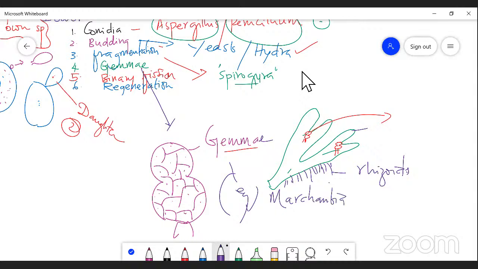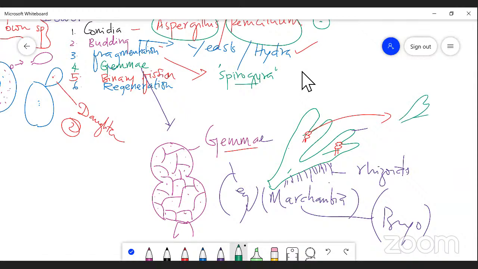Actually, Marchantia is a bryophytic member. What is Marchantia? Marchantia is a bryophytic member. In these bryophytes, which consist of a thallus-like structure, there is a globe-like structure that arises from the upper side of the Marchantia plant, which gradually develops and attains maturity, and as a result this gemma is responsible for the formation of a new thallus, I mean, a new Marchantia plant, right?